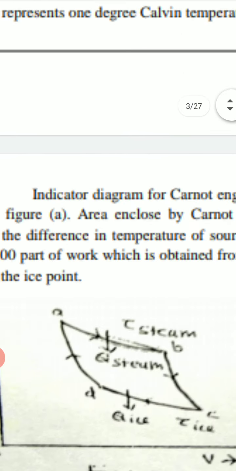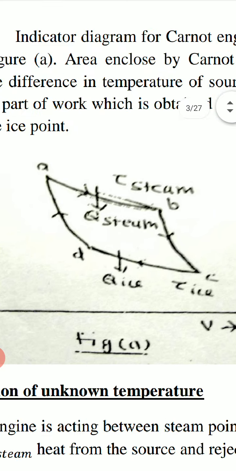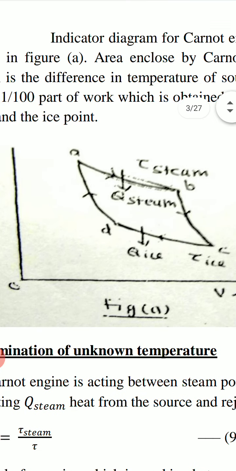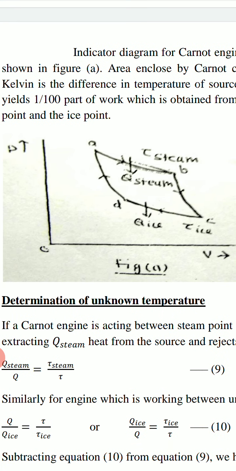The indicator diagram for a Carnot engine acting between the steam point and ice point is shown in this figure. This is the indicator diagram, that is the PV diagram, for a Carnot engine which is working between the steam point, tau steam, and the ice point, tau ice, and it extracts heat Q steam from the source of temperature tau steam, and it rejects heat Q ice to the sink of temperature tau ice.